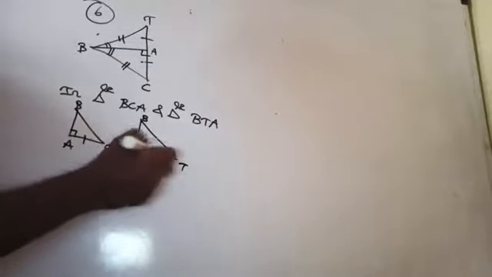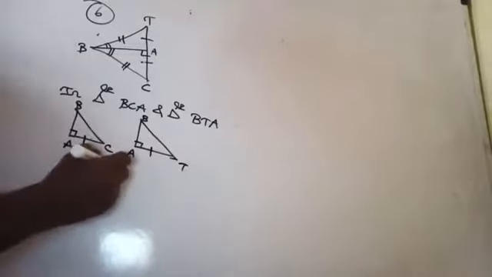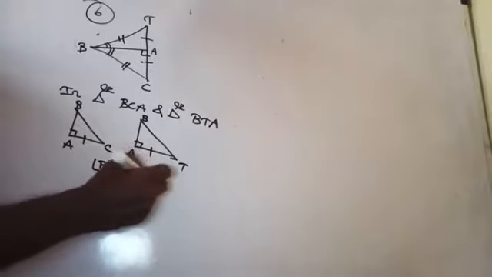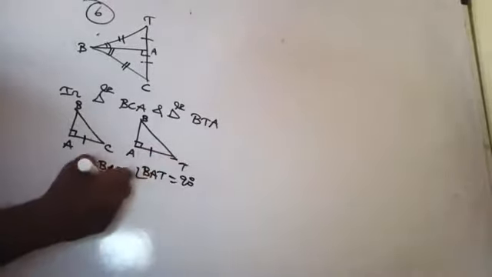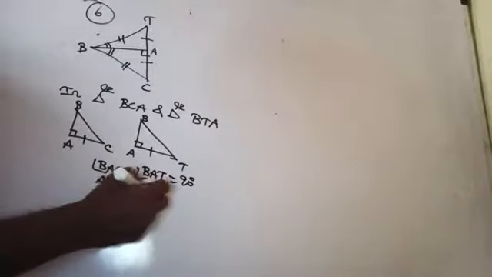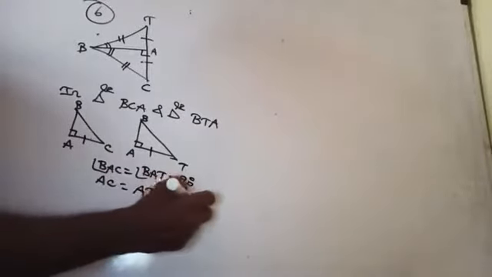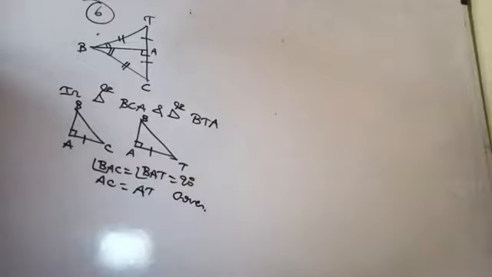AC equal to AT, it is given. Am I right or wrong? That is, angle BAC equal to angle BAT equal to 90 degrees each. Then AC equal to AT, it is given. Am I right or wrong here? AC equal to AT. Okay.